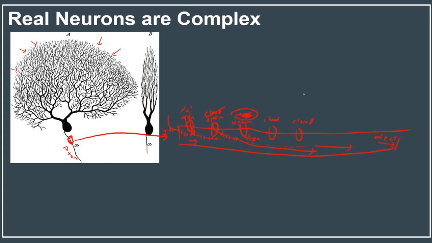And that fast signaling is done by these voltage-gated signaling cascades down the wires we call axons.